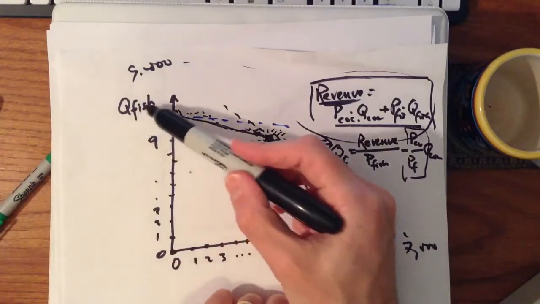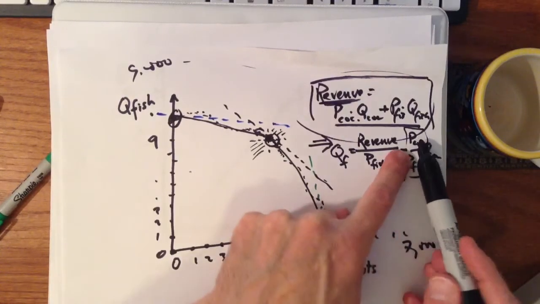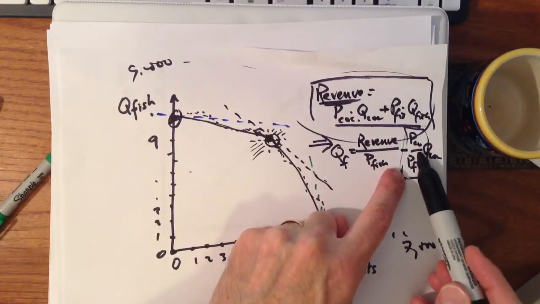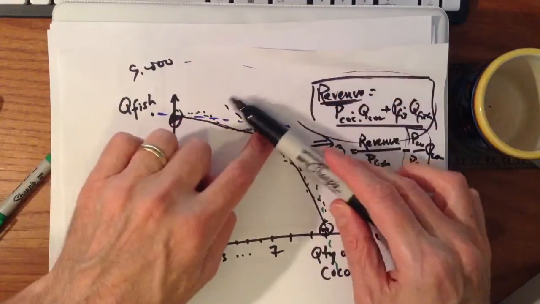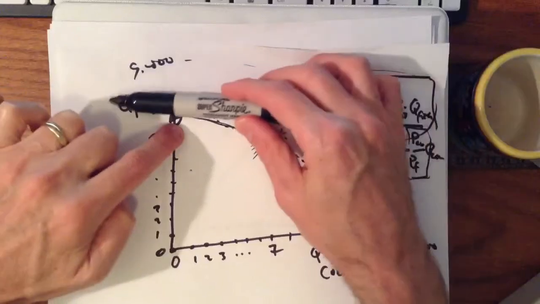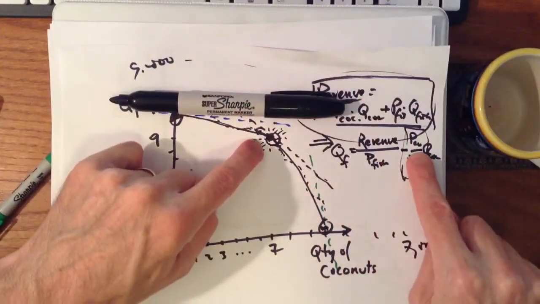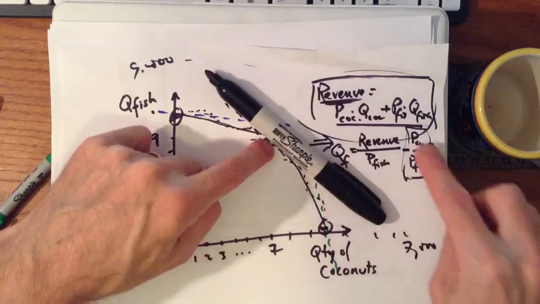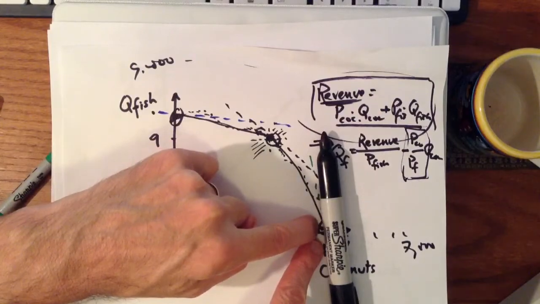As the price of coconuts gets higher, this ratio becomes a larger number and this slope becomes steeper, I would go from no coconuts to more coconuts, to even more coconuts.